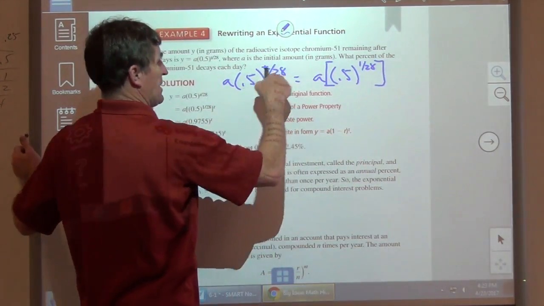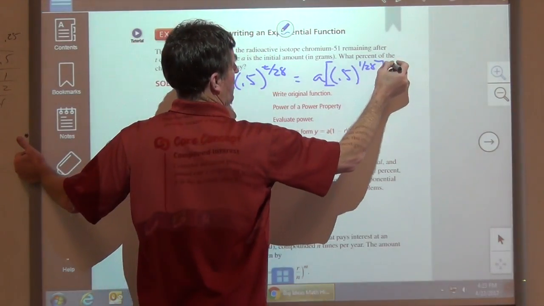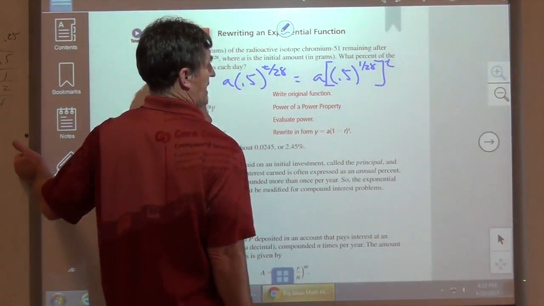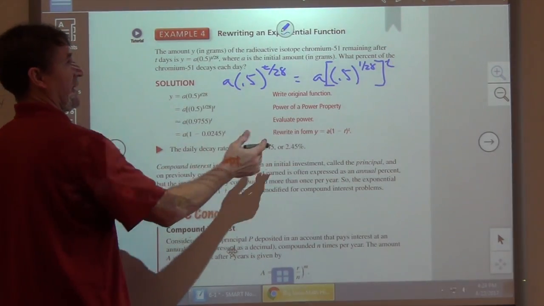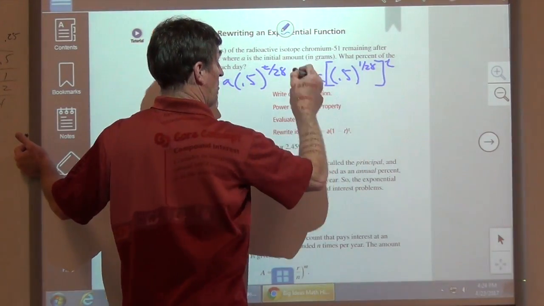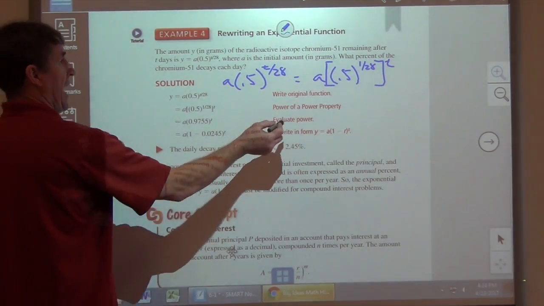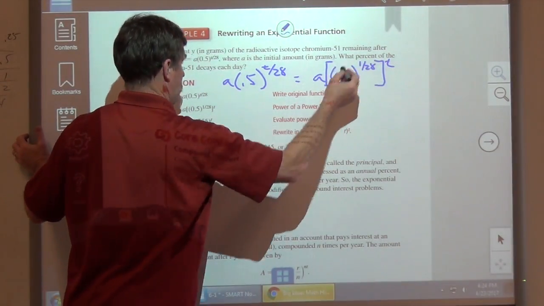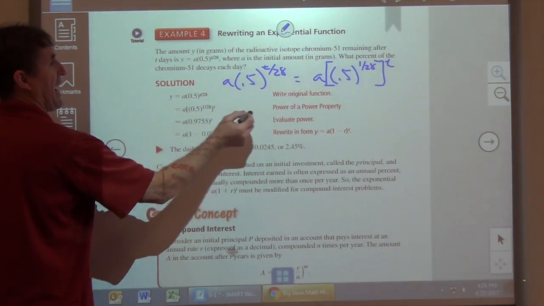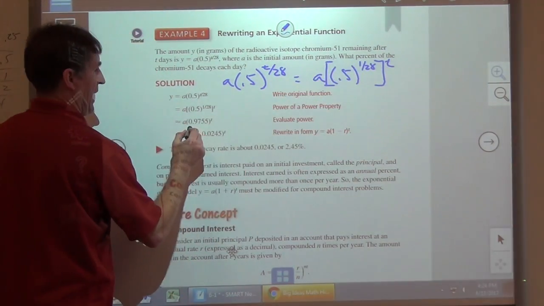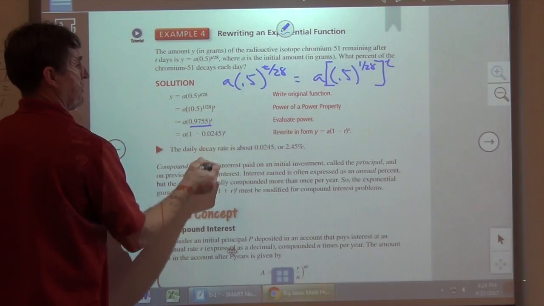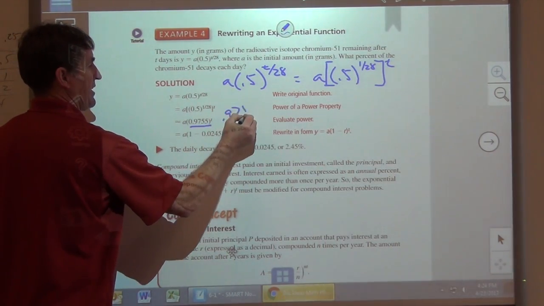They break up the t divided by 28 into 1/28 times t, because again, remember, a power to a power we multiply, it'd be the same thing. So now what they do is they take 0.5 to the 1/28th power, and that comes out to be the decimal 0.9755.